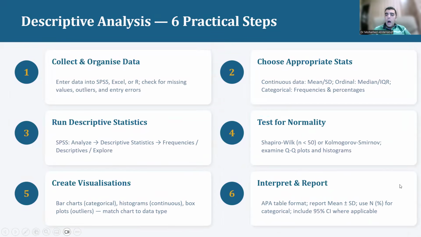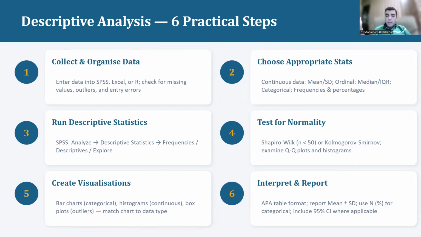In addition, how to do this in steps. Step number one is to collect and organize the data. You extract all these research papers, and we're going to learn how to do that in the following slides using SPSS, Excel, or R. Check for missing values, outliers, and entry errors, run the descriptives, and create visualizations like charts.